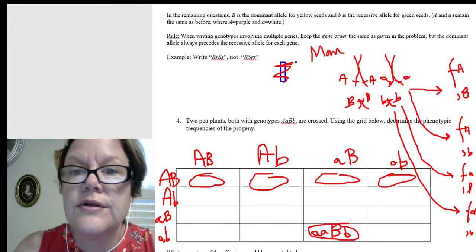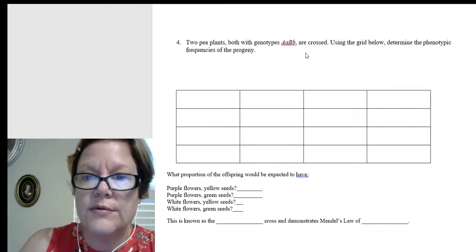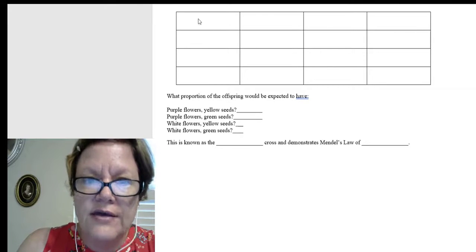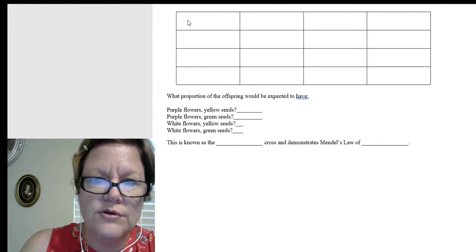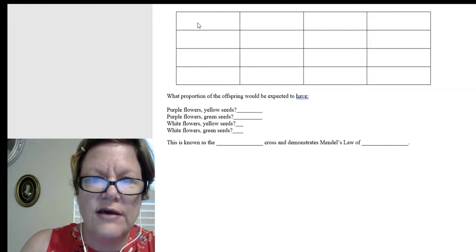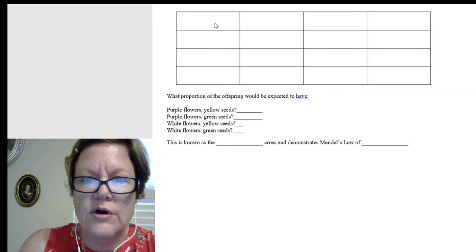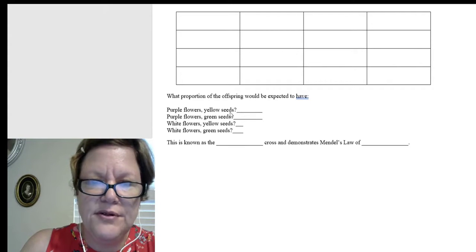So then what you have to do is scroll to the questions that are down here, which I can't figure out how to do. Oh, here we go. And you'll have to count through, after you finish the grid, you will have to look through each one of them and decide what color flowers would they have and what color seeds would they have, and maybe put little tabulation marks here.